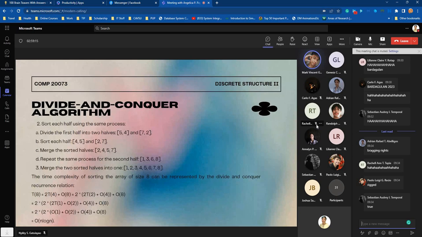T of 8 equals 2T of 4 plus O of 8, which equals 2 times T of 2 plus O of 4, plus O of 8, and so on. Sorry. Next slide.